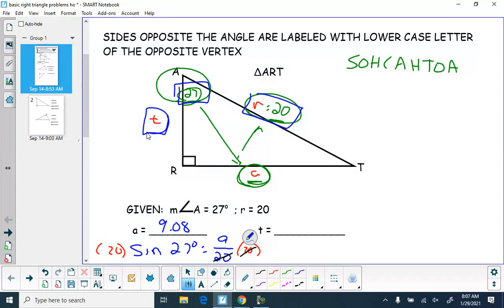Follow along with what we just did. So we're looking at 27, this side, and this side. And then solve.